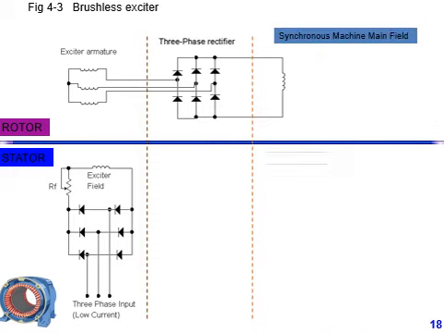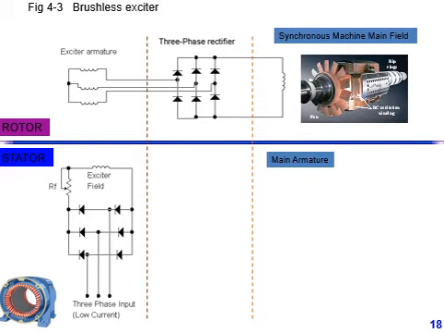In the upper half, which deals with the rotor part, we can see the exciter armature, which is then rectified by a three-phase rectifier, and then you can see there is a winding on the rotor.